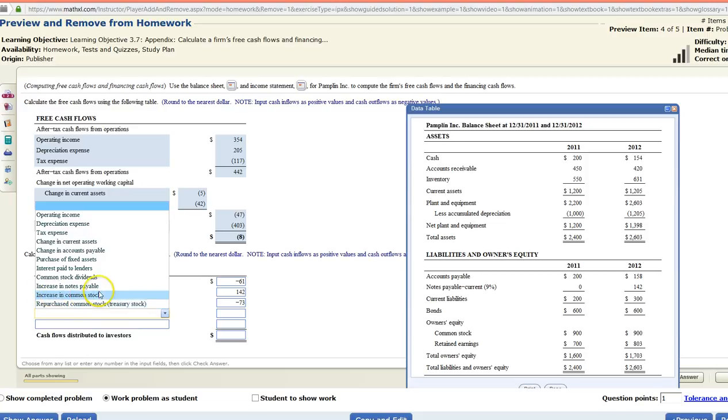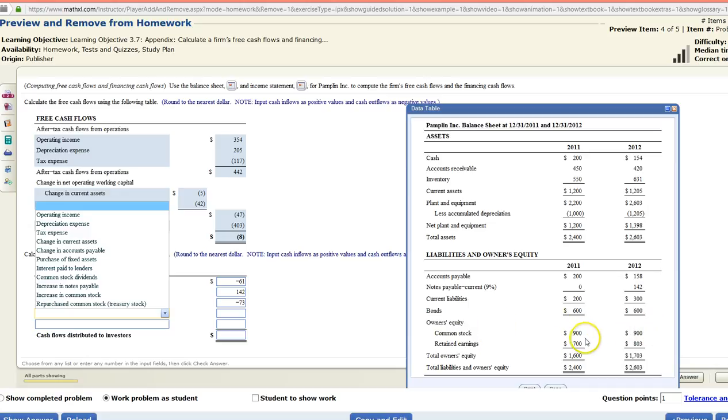So this increase in common stock is not the increase in total common stock, because the total common stock is the net issuance, net increase of common stock, which already takes care of the treasury stock. So here the increase in common stock should be understood as the difference between this year's number and last year's number.